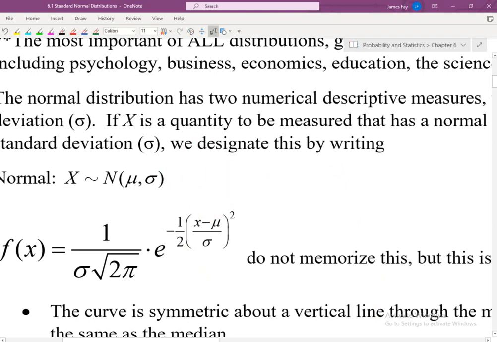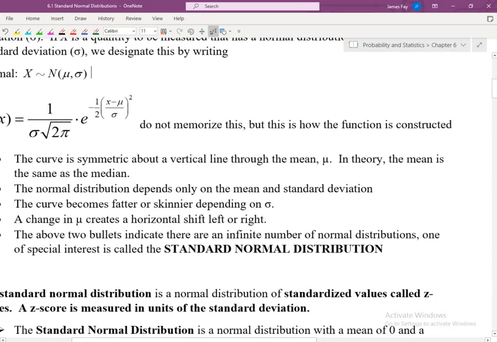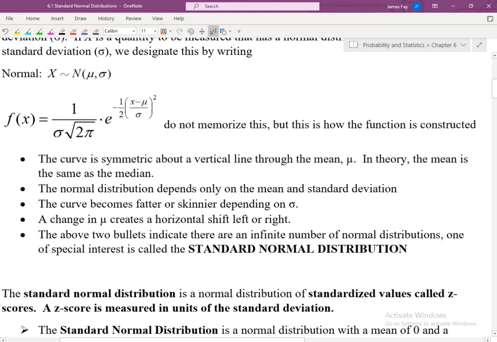Now, if we look at our curve, there are some features here that we need to understand. The curve is symmetric about the vertical line that passes through the mean.